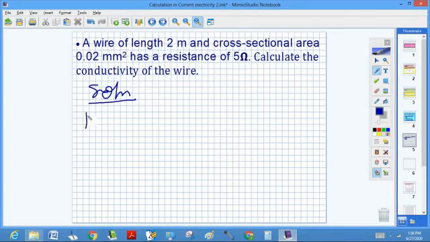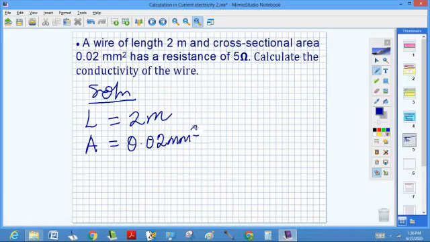The length is equal to 2 meters, the cross-sectional area is equal to 0.02 millimeters square, and the resistance is equal to 5 ohms.